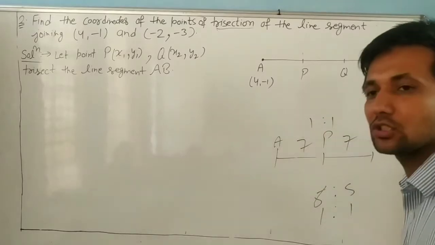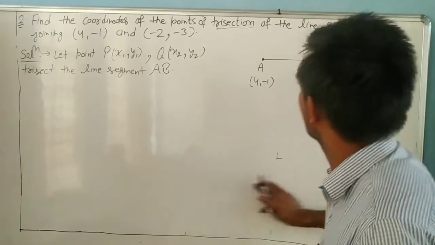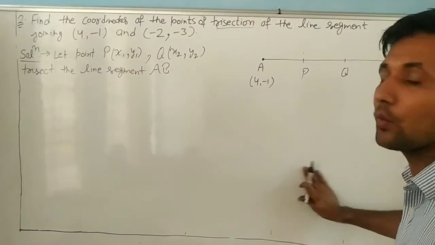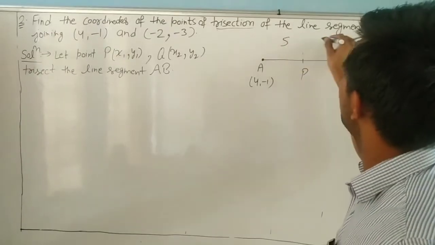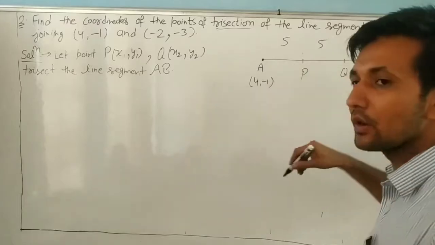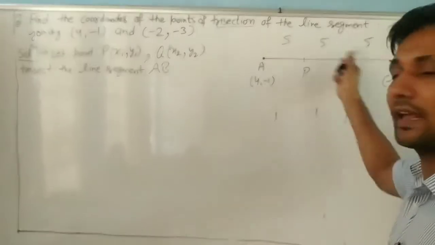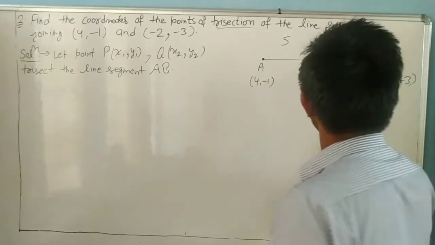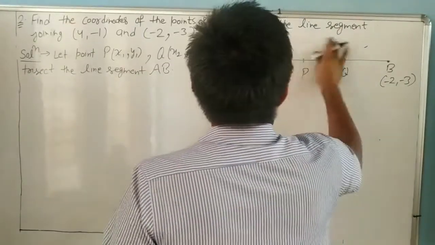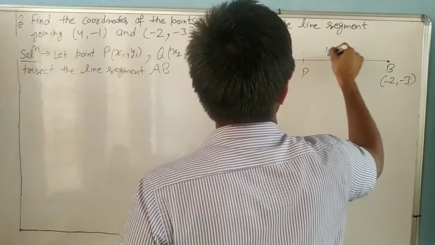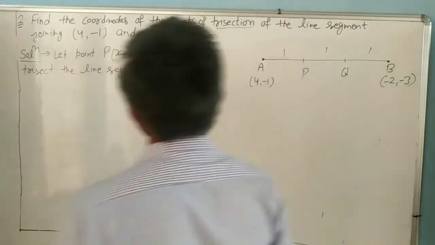How much is the ratio? 1 to 1. So whenever bisect or trisect, the ratio is always 1 to 1, because we cancel the common factor. So what is the ratio? 1 to 1.